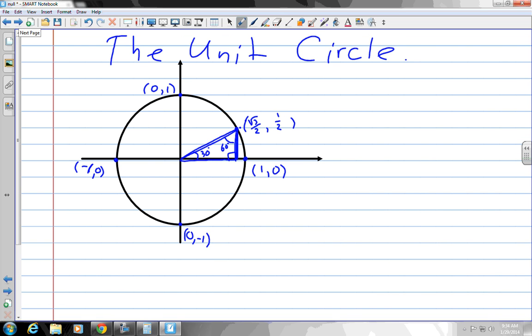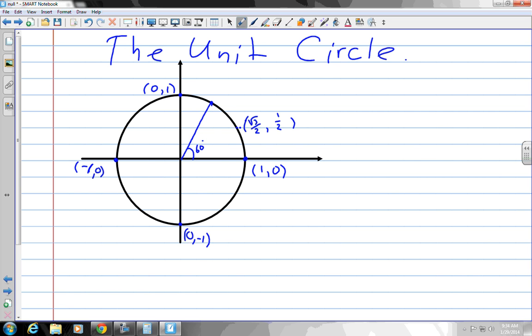Is that okay? The same way, I can look at this point right here. So let me erase all this junk. I can look at this point right here that corresponds to a 60 degree. So I'm going to do the same thing.